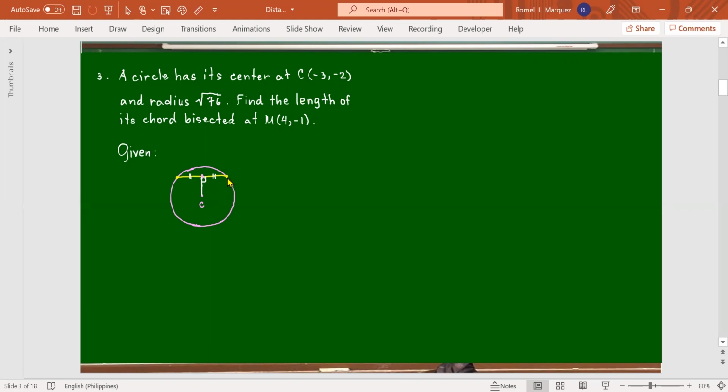Any point on the circumference going to center is a radius. So this is radius, this is also radius, and that is given by square root of 76.